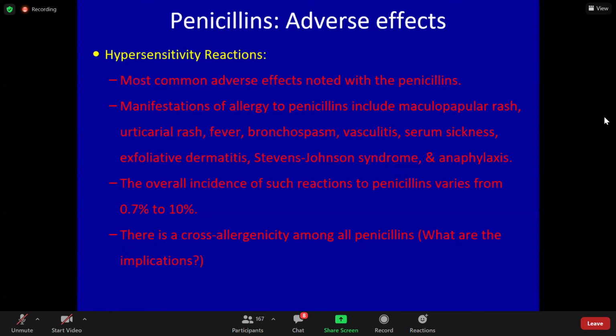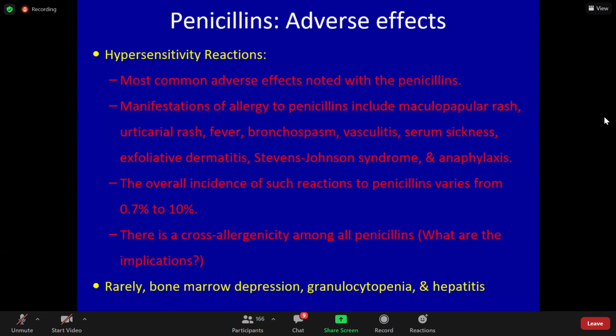If you have developed anaphylactic shock to one penicillin, let's assume that you will develop the same reaction to all penicillins. This is cross allergenicity. Rarely there are bone marrow depression, granulocytopenia, and hepatitis.